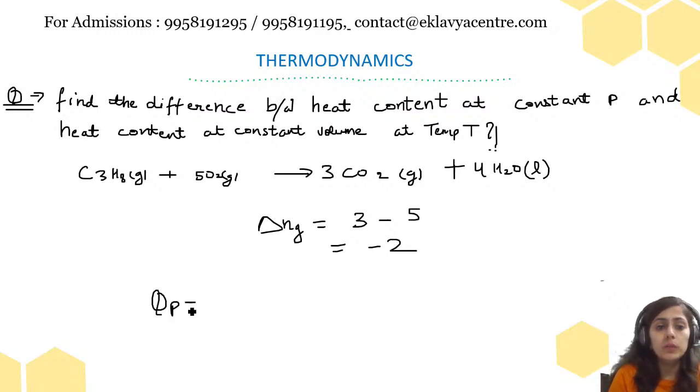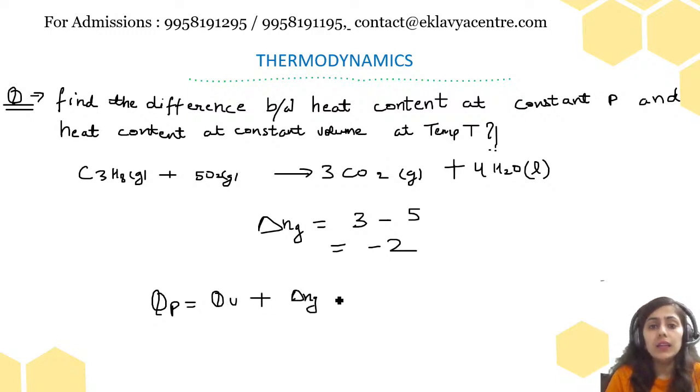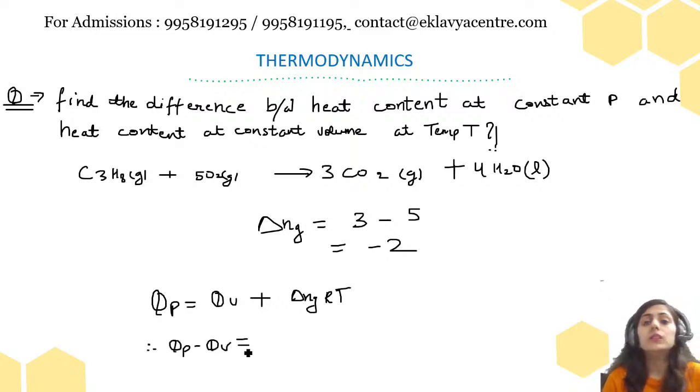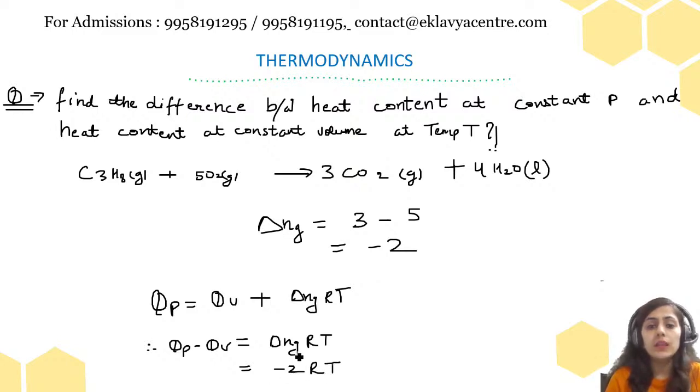See, Qp is equal to Qv plus delta NgRT, right? So therefore Qp minus Qv is equal to delta NgRT. What is delta Ng? It's minus 2 RT. Yes, and if you try to solve it, it will be minus 2.